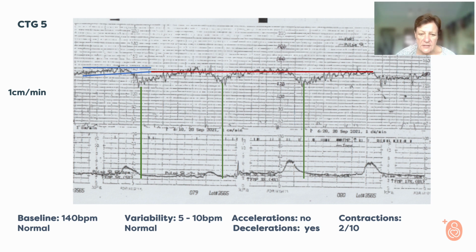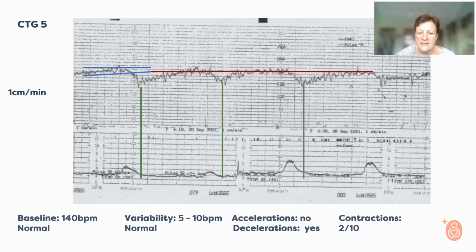Now, if this is 120 and this is 140 and this is 160, two of these lines would be 10 beats per minute, so that will be 130 there, and then 140 there.